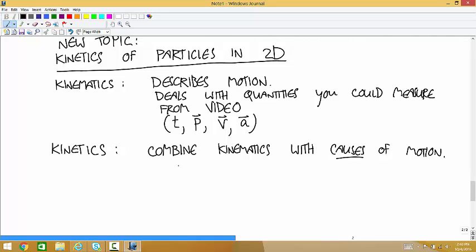So the quantities: we're still going to see all of these old quantities, all of the kinematic quantities, plus two new ones. Force and mass.